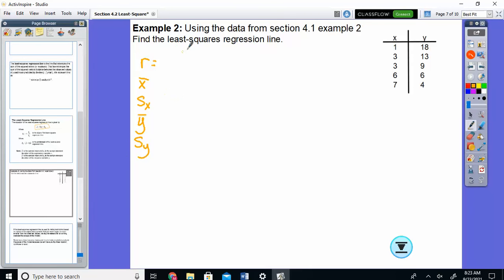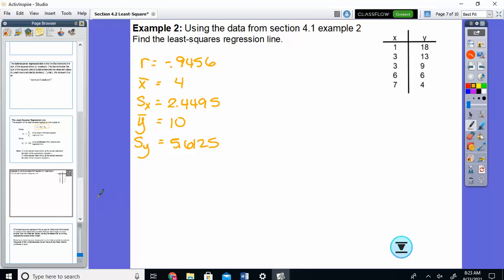I think we wrote all that down yesterday, so help me out here. What do we get for the r? What was the mean of the x's? Standard deviation of x. Mean of the y. Standard deviation of the y. Okay, so all of that was from yesterday.